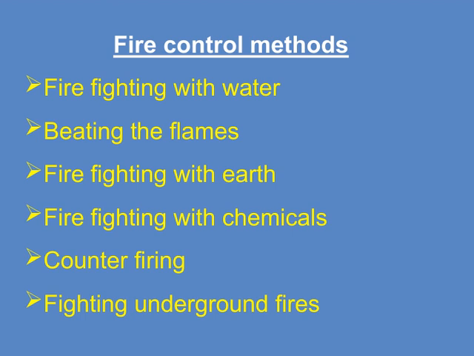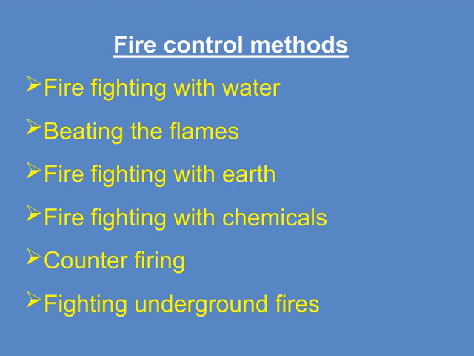Counter-firing, or backfiring, is a strategic method used mainly in wildland firefighting. It involves intentionally setting controlled fires ahead of the main fire to burn up fuel and create a fire break, thereby controlling the spread. Finally, fighting underground fires presents unique challenges. These fires can smolder for long periods and are difficult to access.